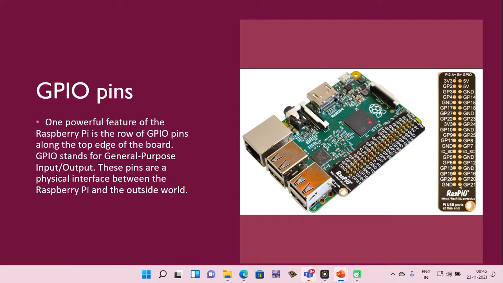So for any sophisticated or high-end project you are interested in implementing, Raspberry Pi becomes an ideal choice because it is a low-cost device plus you get enormous power to work with. So you can take advantage of that extra power to implement your system with Raspberry Pi. And this GPIO pin gives you that advantage.